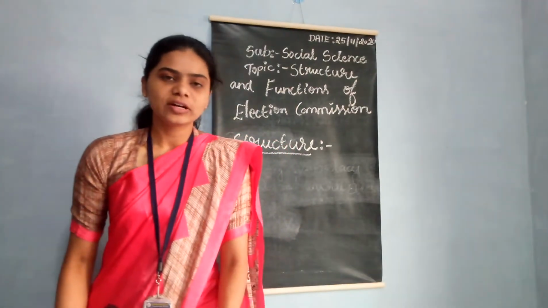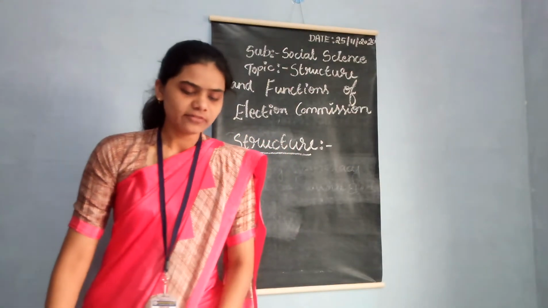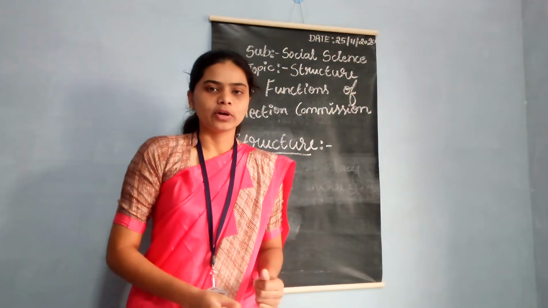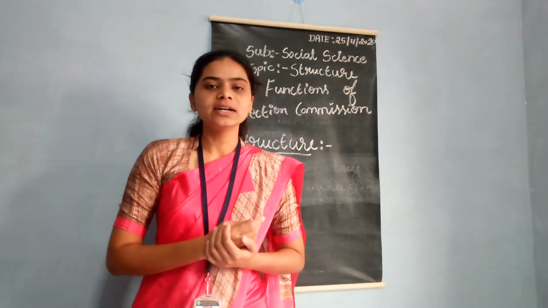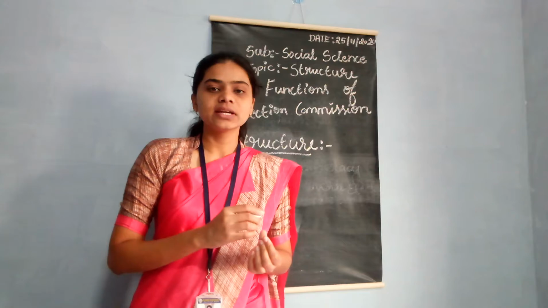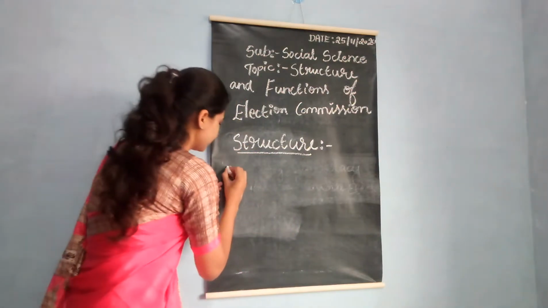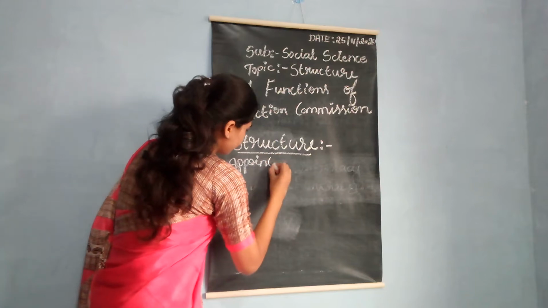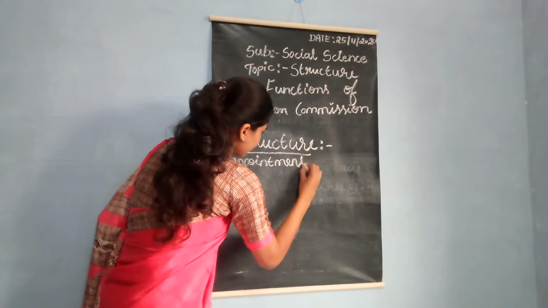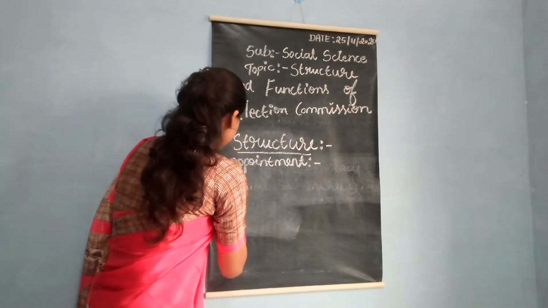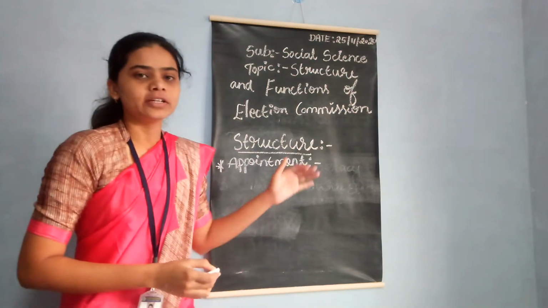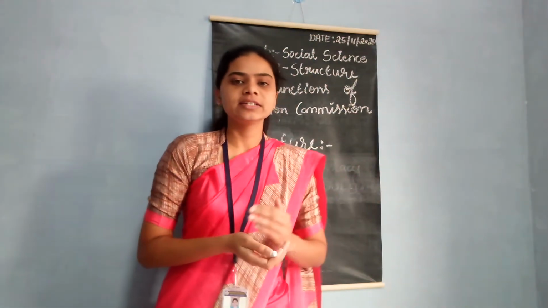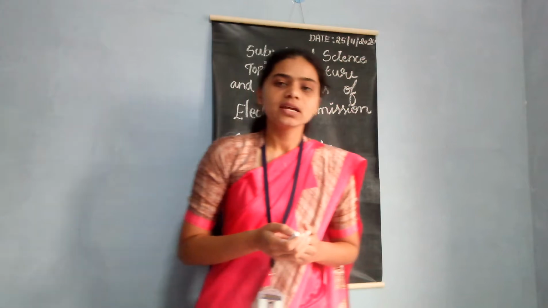Okay, I think you understand better about the structure of the election commission. Let us see one by one. First, we have to see who appoints these election commissioners. Appointment. The President of the country appoints the election commissioners.